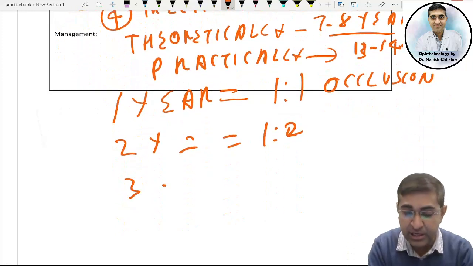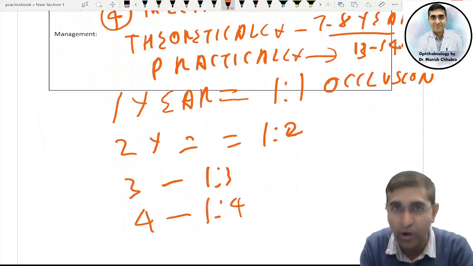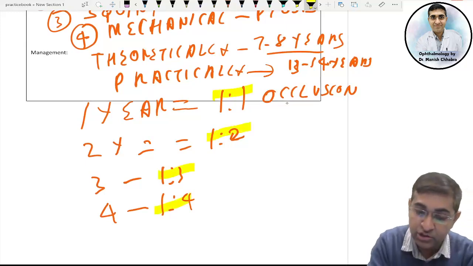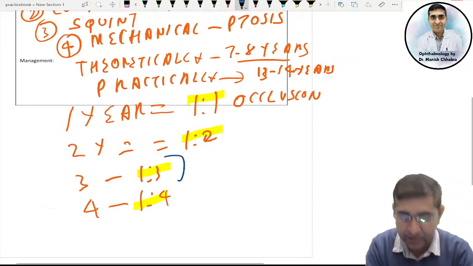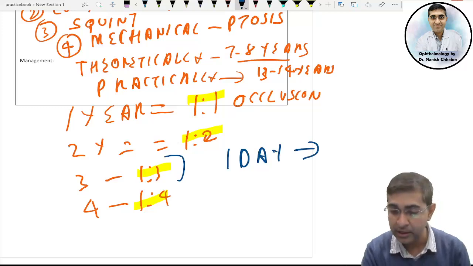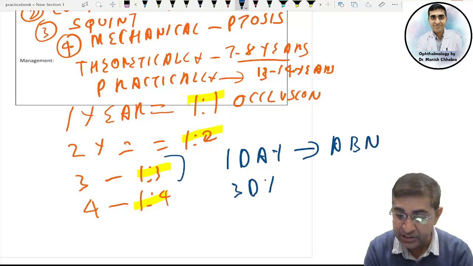If it is 3 years, 1:3. If it is 4 years, it is 1:4, and so on. Now, what do you understand by 1:1, 1:2, 1:3, 1:4? Let's take 3 years, 1:3. It means 1 day you cover the abnormal eye, but 3 days you cover the normal eye.